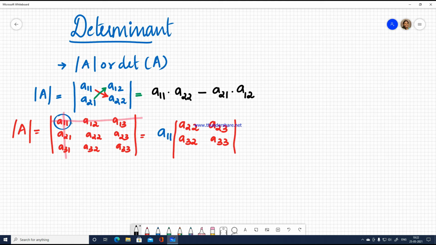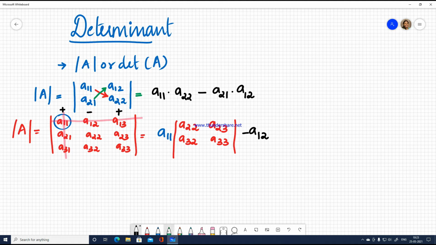The sign of each term is identified like this: it starts with positive, negative, positive, and if it is a 4 by 4 matrix, it will continue in sequence: positive, negative, positive, negative. So the next element is A12, so minus A12.